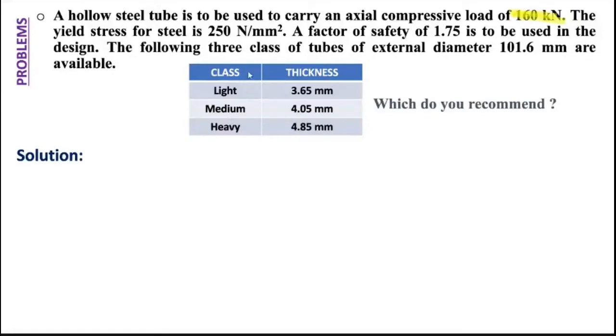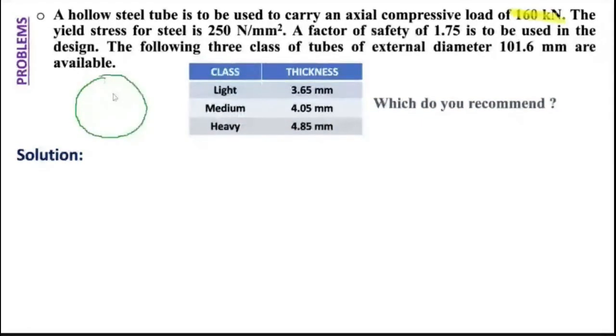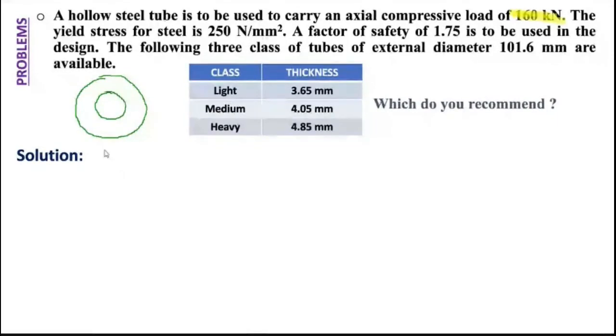There are 3 classes of tubes. When I say tube, external diameter is given, internal diameter is not given, but thickness is given. How to identify your internal diameter? So if I have two circles, a larger one and a smaller one, external is 101. But when I consider internal, they are given thickness.